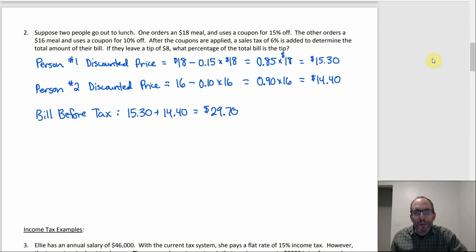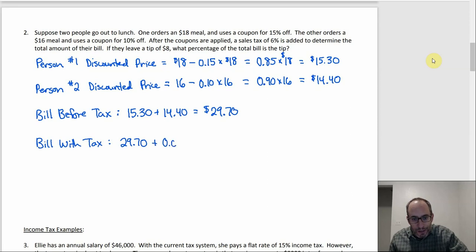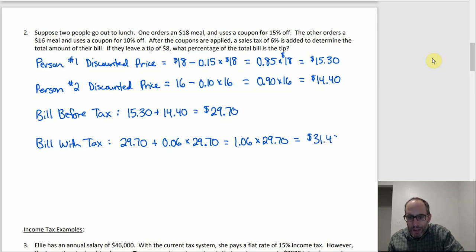Okay, so then with tax, because we know that there is a sales tax of 6%, it says that in the fourth sentence. So I'll write this as bill with tax. They're going to have the 29.70 plus 6% of 29.70, which, to follow what we're doing up there, you could write as 1.06 times 29.70, which is 31.48.